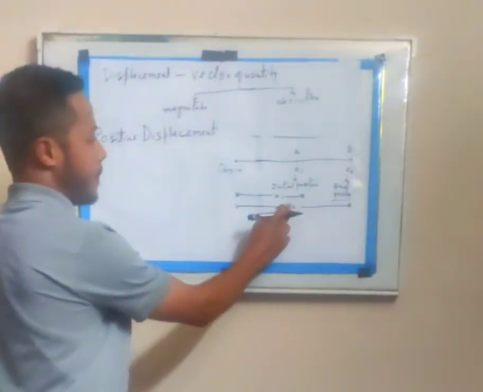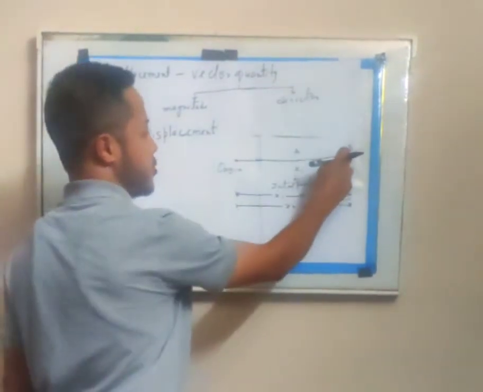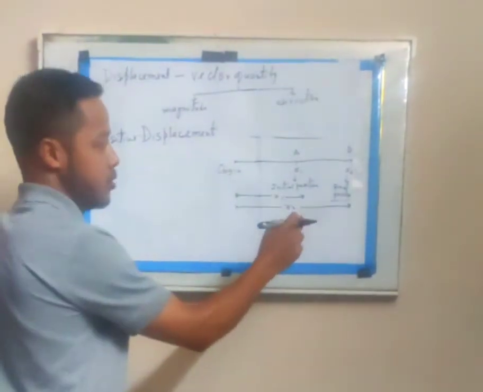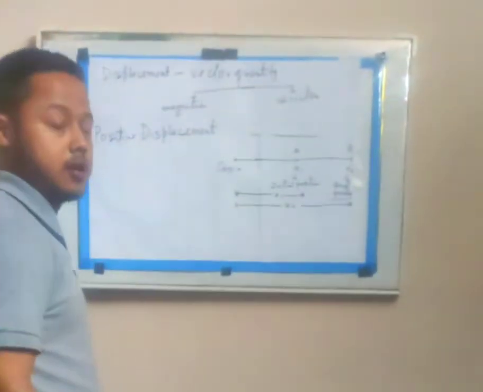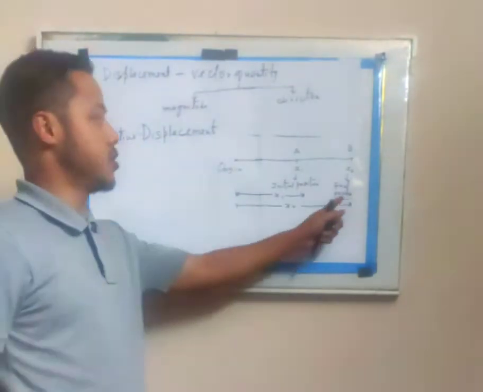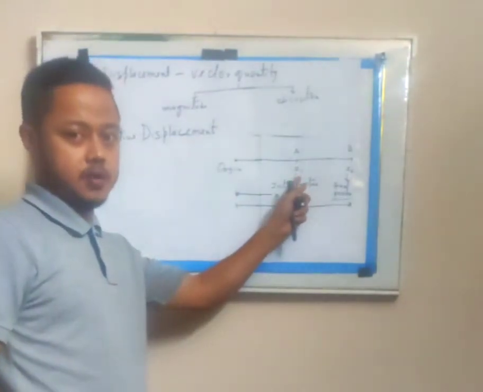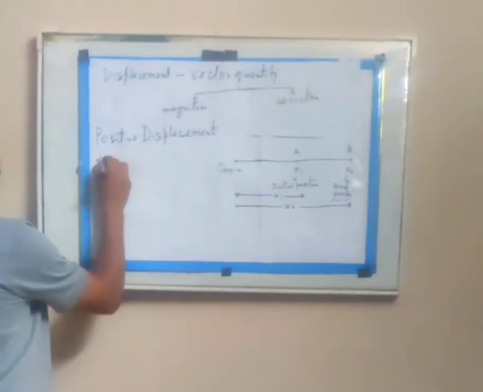So x1 is the position of A, x2 is the position of B. When we say positive displacement, the final position is to the right of the initial position. In that case we get positive displacement.